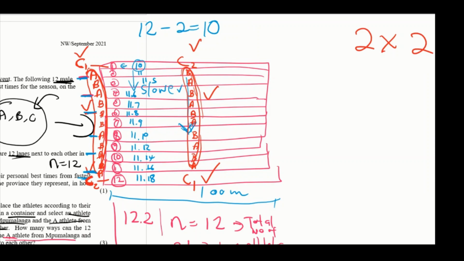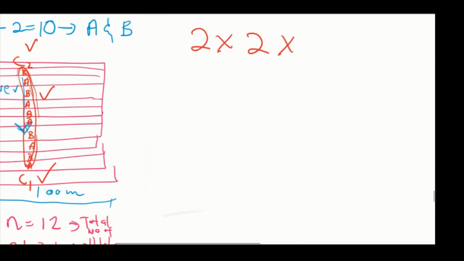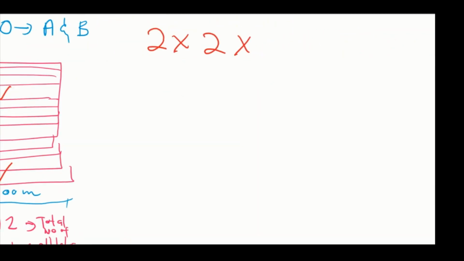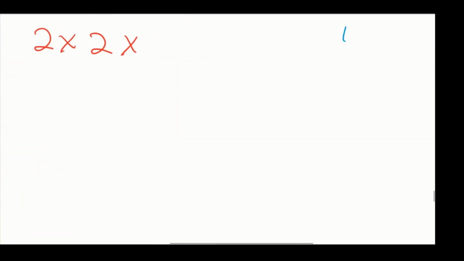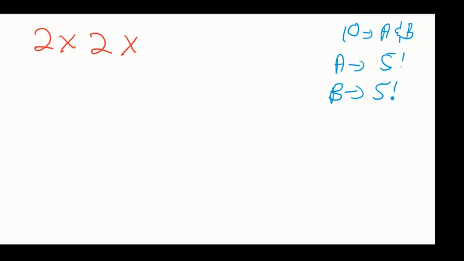So if you remain with 10, it means now that in this 10, there's a combination of athlete A and athlete B, right? So that means now that if 10 represents athlete A and athlete B, athletes of A are 5, athletes of B are 5. So these athletes will be placed differently, hence we put factorial.